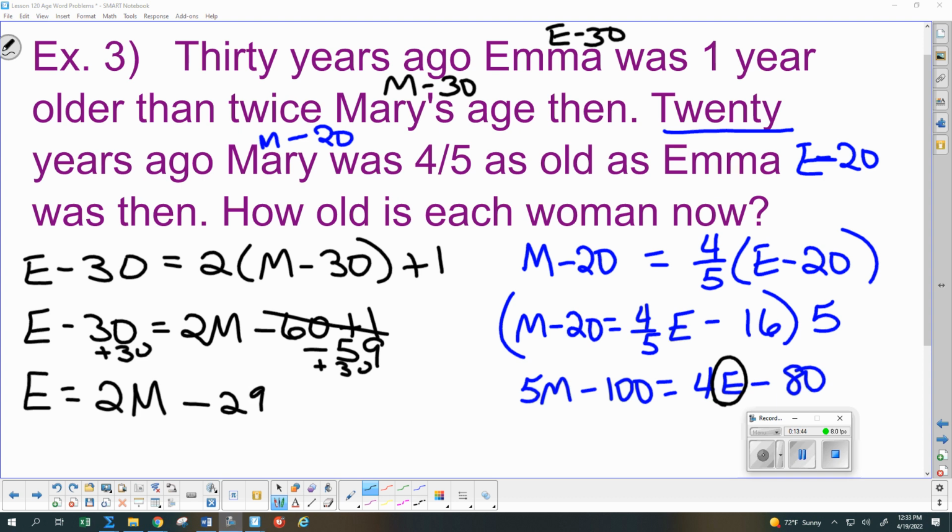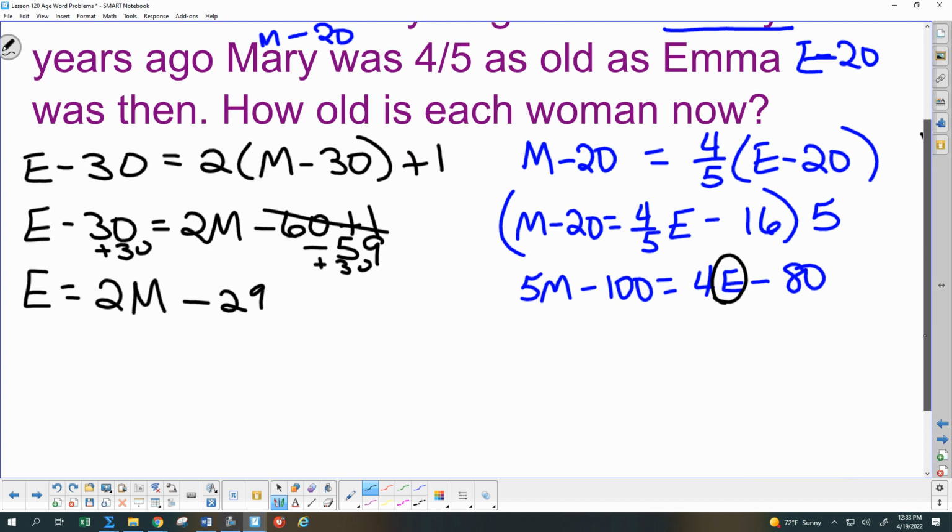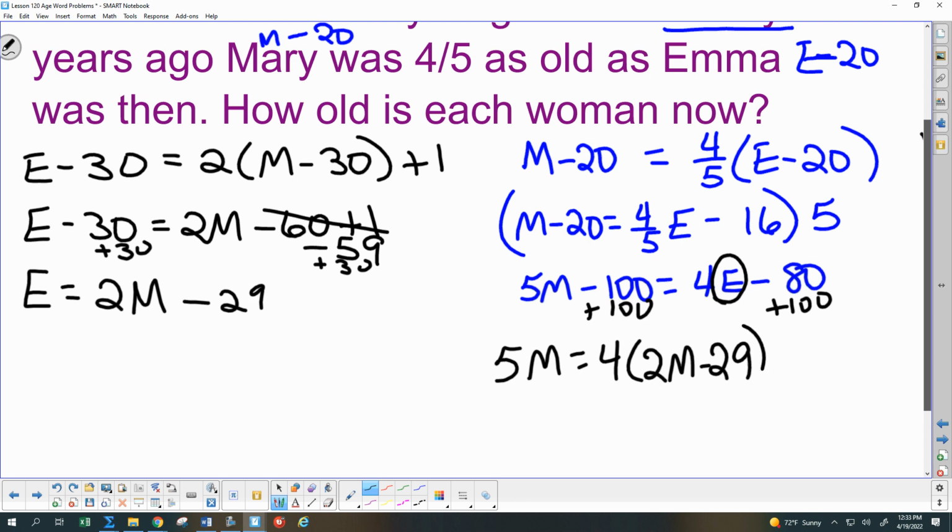So help me out here. So let's see, you guys just said we kept the, actually I'm going to go ahead and add 100 just so I don't have to write as much on that. 5M is equal to 4 times the 2M minus 29, and now I have a plus 20, so that's 8M minus 116 plus 20.